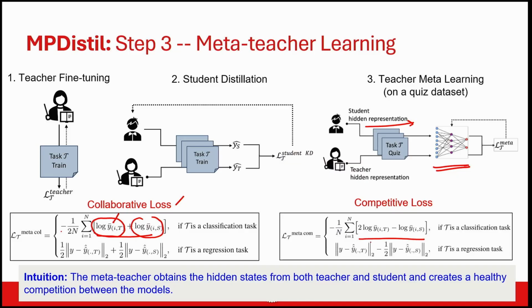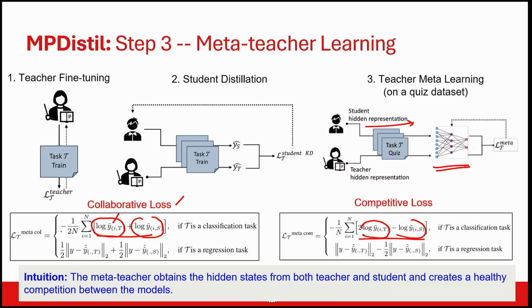You only look at this part. This is the teacher's logit, and this is the student's logit, and you take the difference between the teacher's and student's logit, and you want to maximize this. What does it mean? Either you maximize the teacher's logit or you minimize the student's logit, then only the difference gets maximized. It means you give more preference to the teacher.